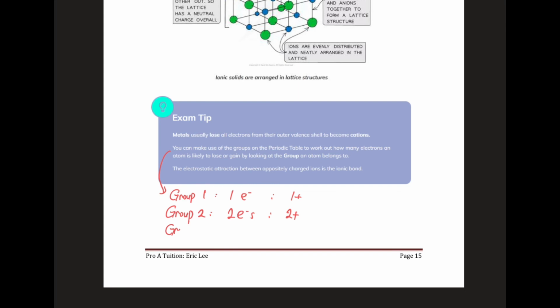So they form cation of 2 positive. Then the next one is group 13. Group 13, how many electrons then? 3 electrons. Yes, 3 electrons. So group 13, for example, aluminium, loses 3 electrons, then they form aluminium 3 plus.